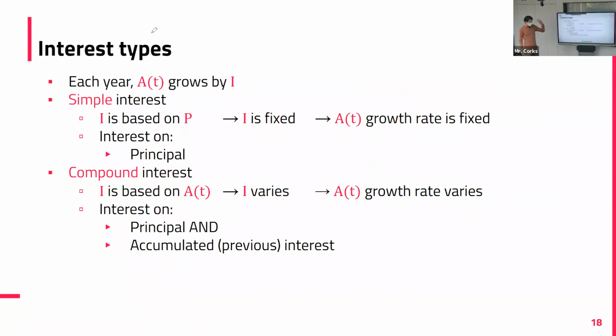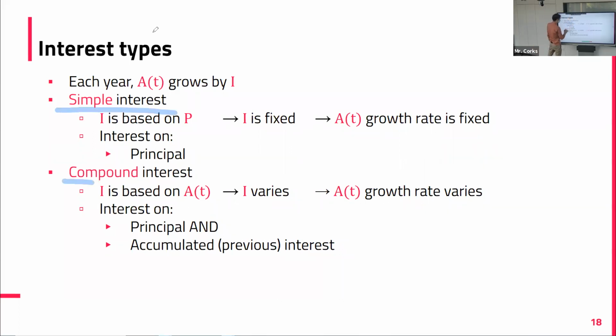Okay, so two basic types of interest. One is simple interest, the other is compound interest. Simple interest is simple. The dollar value of the interest, capital I, is based only on the principal. So how much rent do we have to pay on this money? Well, we calculate it based on what the original value was.